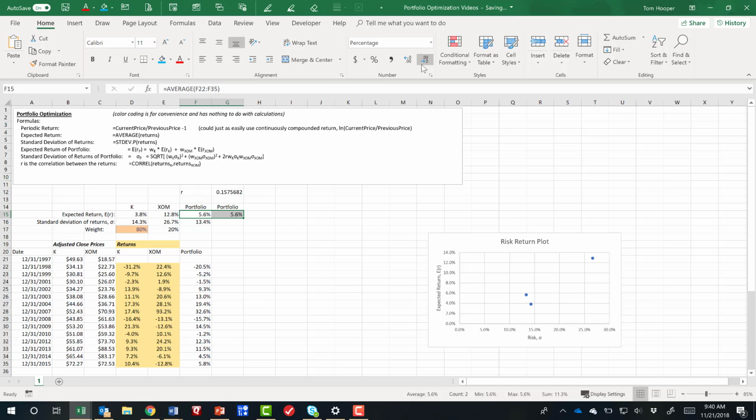Now let's go back and look at the standard deviation of returns. This is a big, long, ugly formula, but we can just copy it and paste it into this cell. Hopefully everyone's seen that formula in a finance class by now.